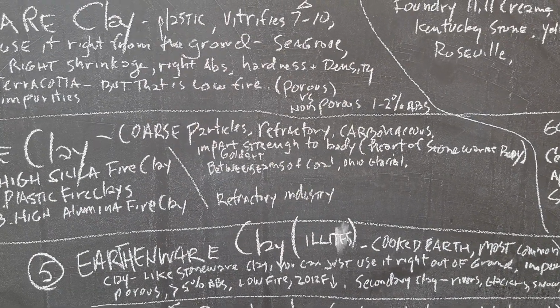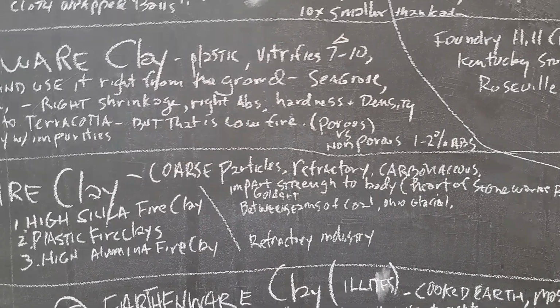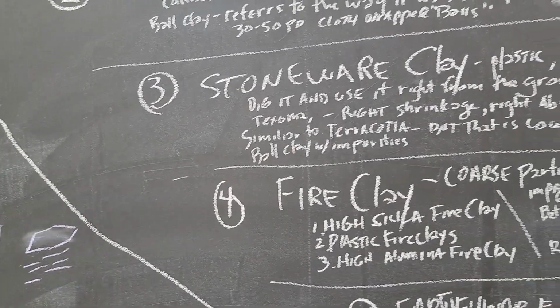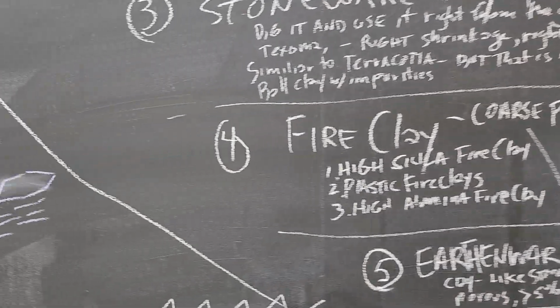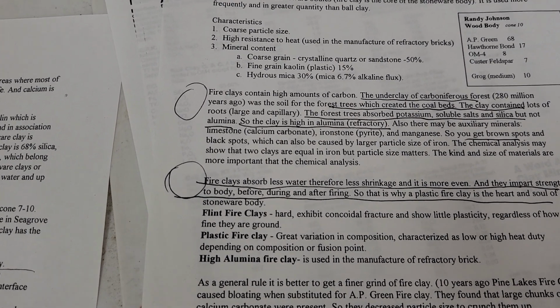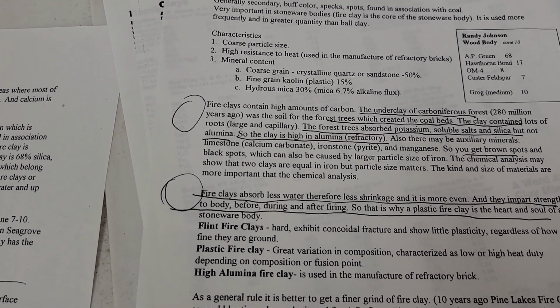Now, the way this stuff is formed, they say it's formed between seams of coal. So Ohio is a typical place. You can find Cedar Heights fire clay there. And what they're saying is that this would have been a forest, and in this forest, there would be clay.